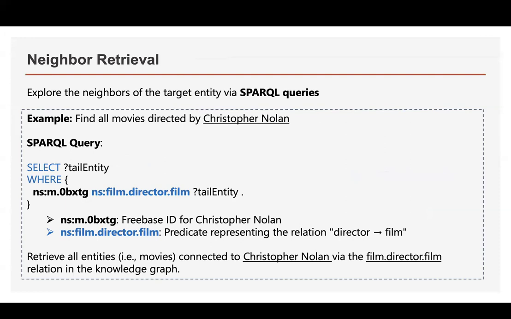I use a SPARQL template, for example, find movies directed by Christopher Nolan. I use this simple SPARQL query with the previous ID for the entity, and we can also find the relation in Freebase. In this way we can retrieve the one-hop neighbors.